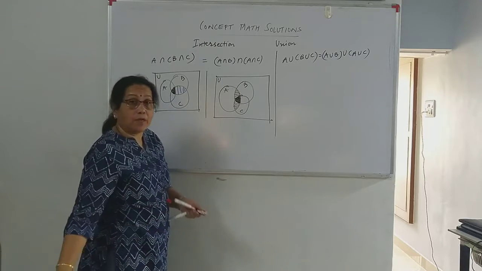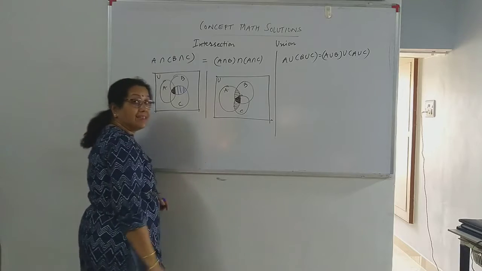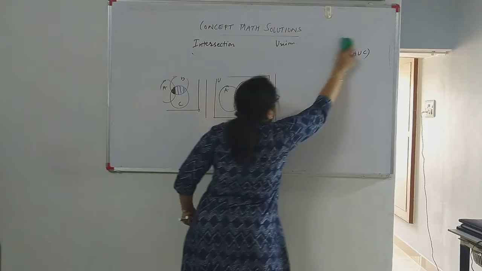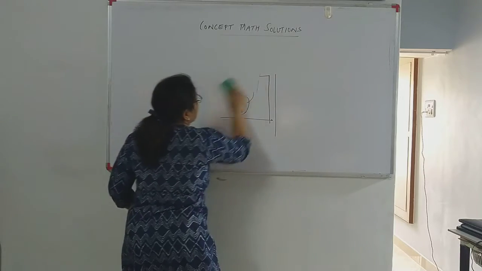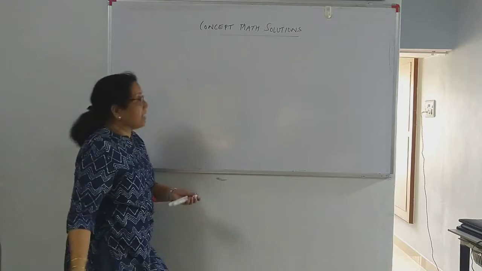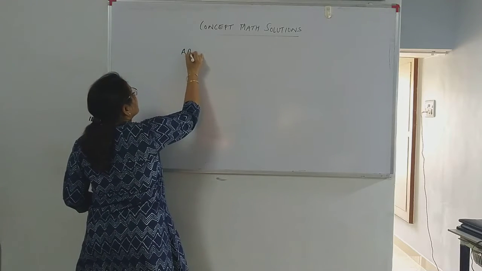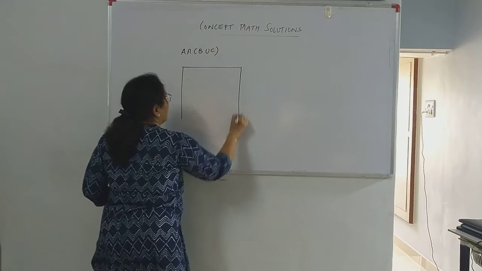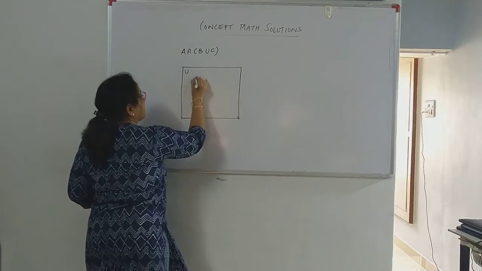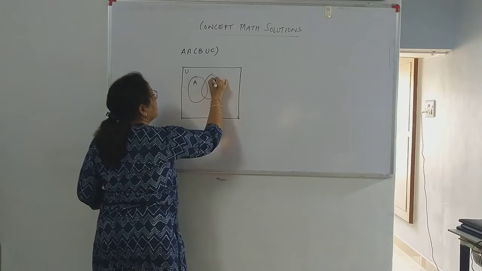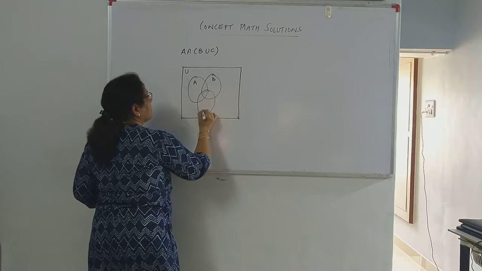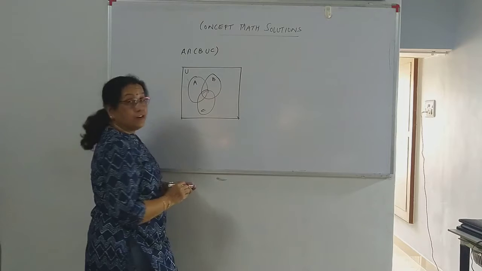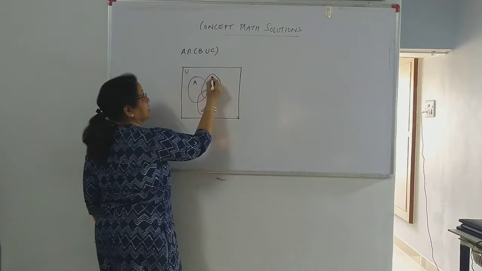Then the next property which I would be discussing is whether intersection distributes over union or not. So if I have again three sets A, B and C, A intersection B union C, I will be drawing again A, B, C. For the left hand side I am drawing the diagram A, B and C. Now I will first shade B union C because that's in the bracket.